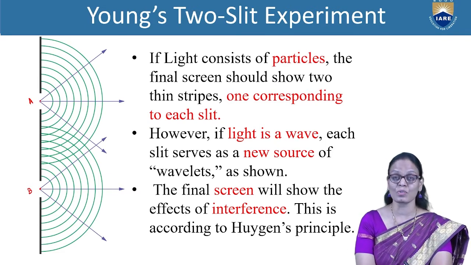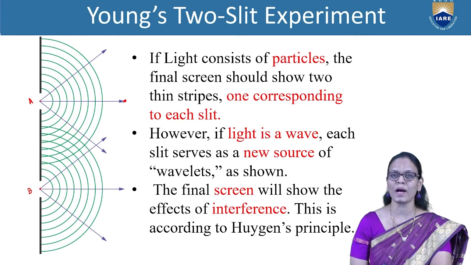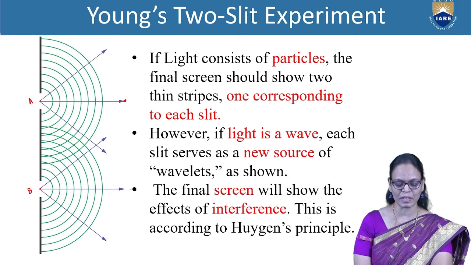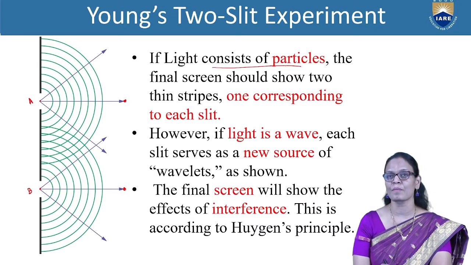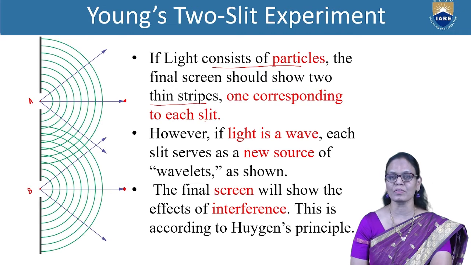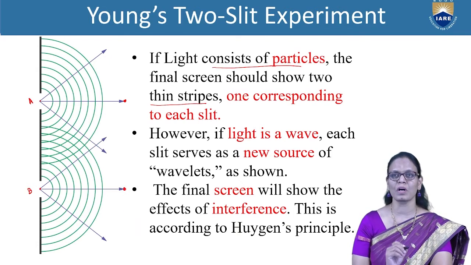Then if this is the source through which the light is coming out, and we have a screen here, there should be one spot or one band here corresponding to the light coming from the slit. And we also have another slit B through which light is coming. There will be another band on the screen corresponding to these two. So if light consists of particles, the final screen should show only two thin stripes, one corresponding to each slit. This is from slit A and this is from slit B. It should have only two spots or two stripes on the screen.